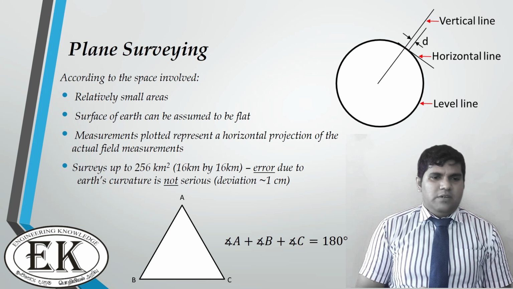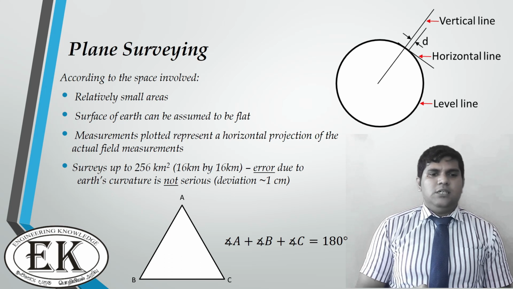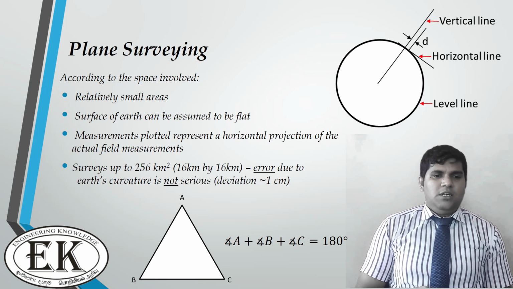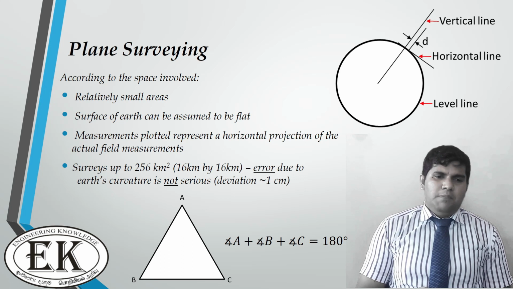But in plane surveying, according to the space involved, we are taking small areas, not large areas, and the surface of the earth can be assumed to be flat. In geodetic surveying we do not take it as flat, but in plane surveying the surface of the earth is assumed to be flat. And the third one is that measurements are plotted to represent the horizontal projections of the actual field measurements.